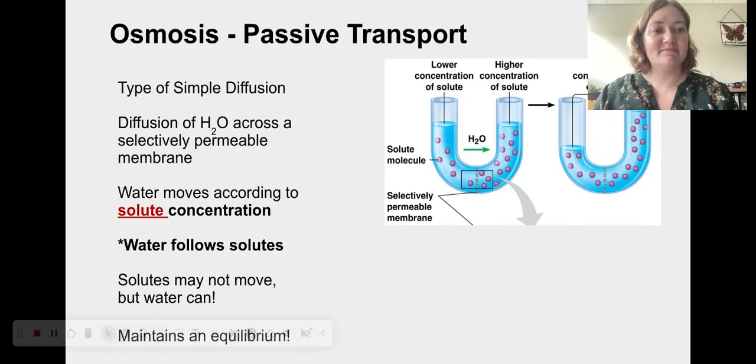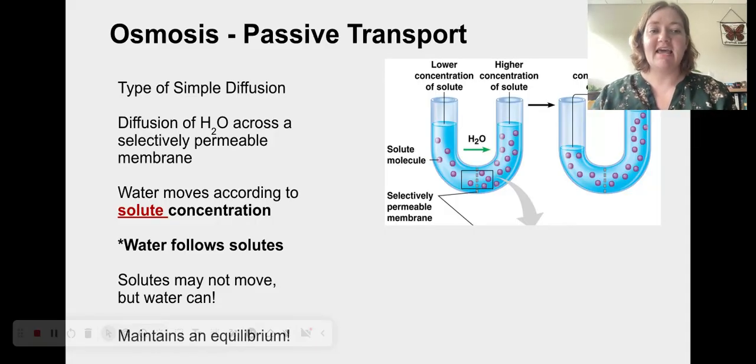All right, osmosis. Let's talk about osmosis. So osmosis is a type of simple diffusion, right? It doesn't require energy and it doesn't need any transmembrane protein. What happens with osmosis is that instead of the solutes moving, the water is going to move.